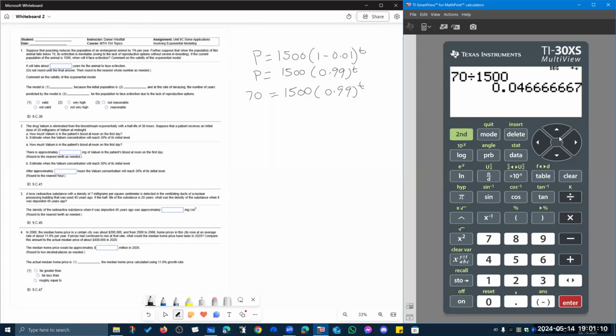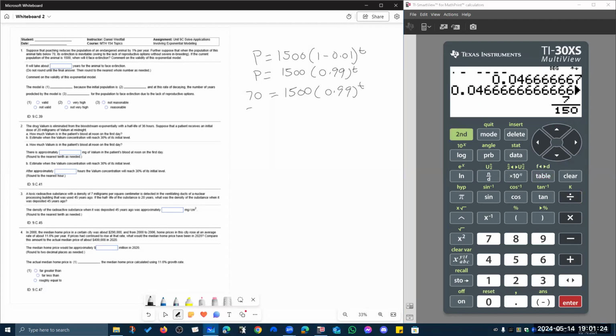Let's see if that comes out nicely here. It does not. So let's just change that to a fraction. It's going to be 7 over 150 is equal to 0.99 to the t.